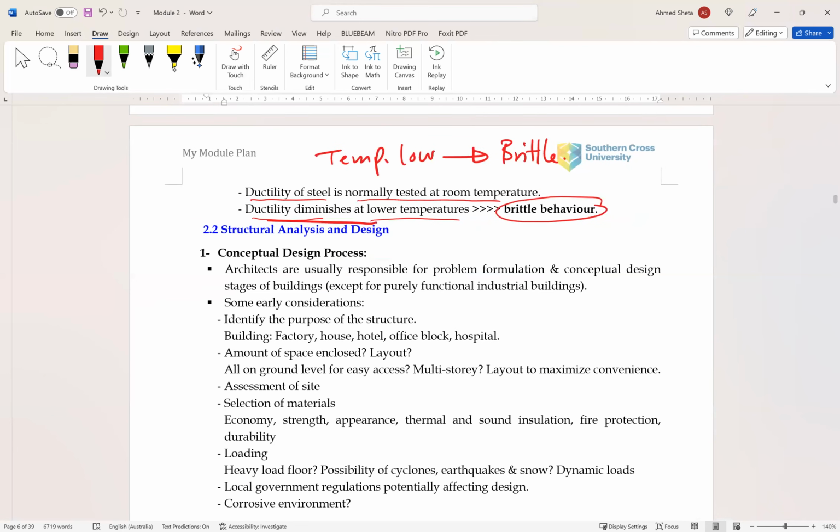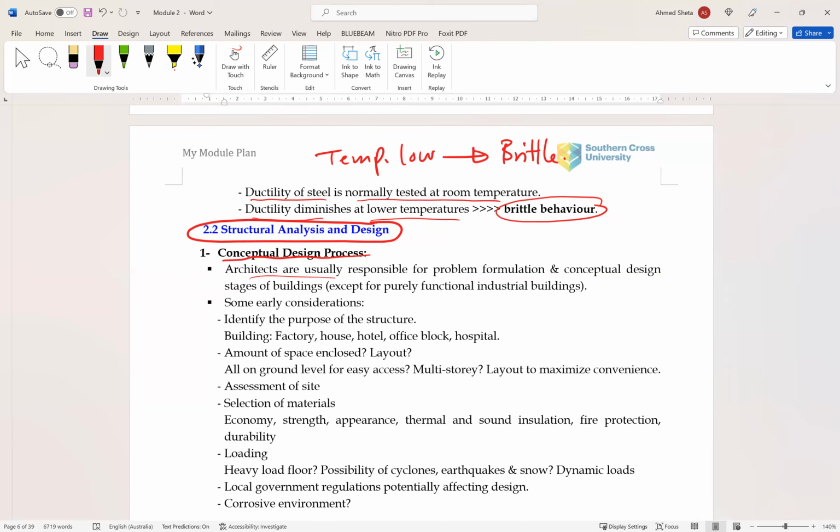The next topic is the structure analysis and design. This topic is talking about the structure analysis and design of especially steel structures. So the first point is the conceptual design process. In conceptual design, there are some steps you need to do.